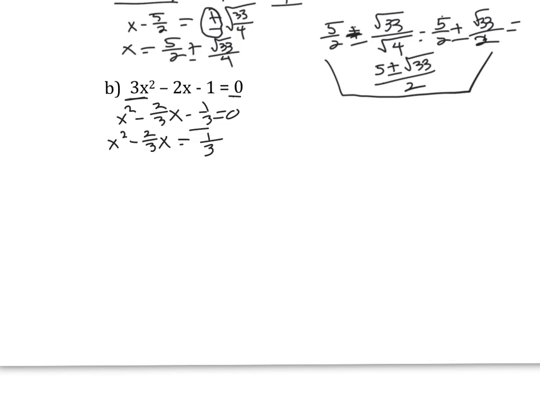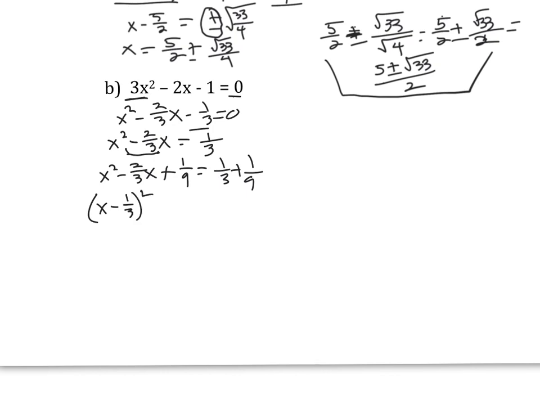So now to make this left side a perfect square trinomial, I need to take half of negative 2/3, which is negative 1/3, and square it and add that to both sides, which is going to give me x squared minus 2 over 3x plus 1 over 9 is equal to 1 over 3 plus 1 over 9. On the left side, that factors to x minus 1/3 squared.